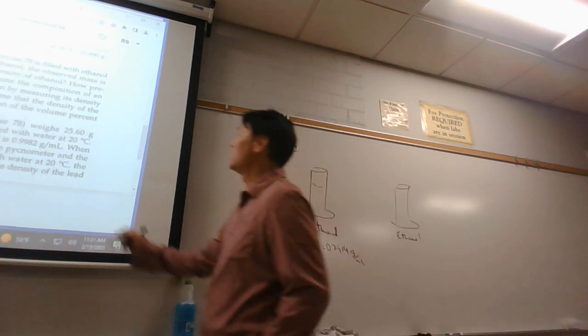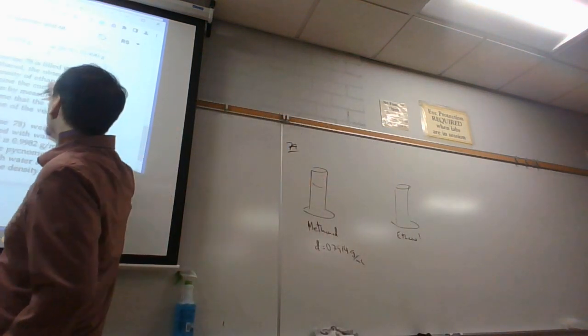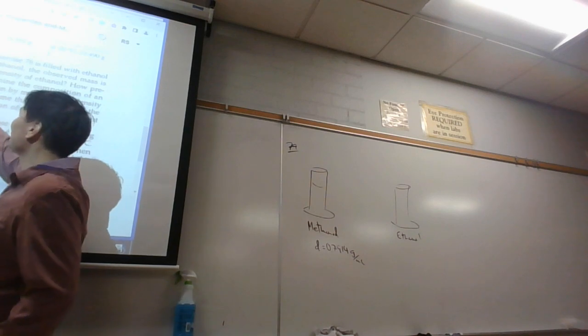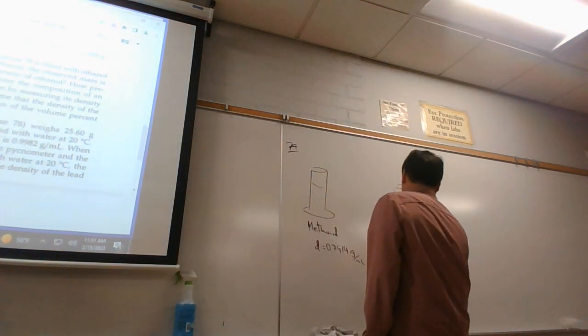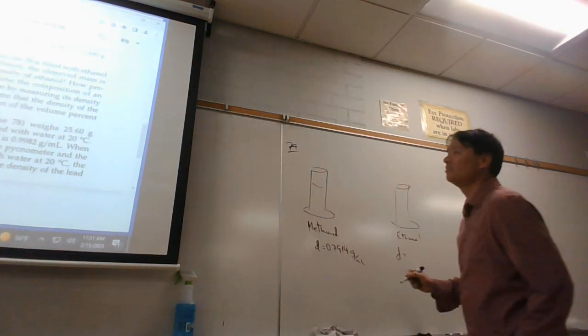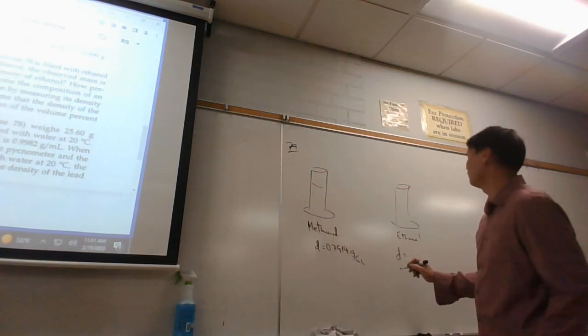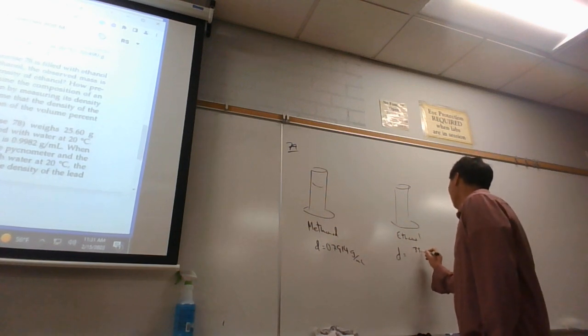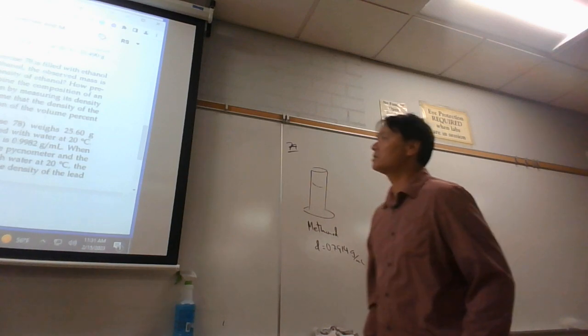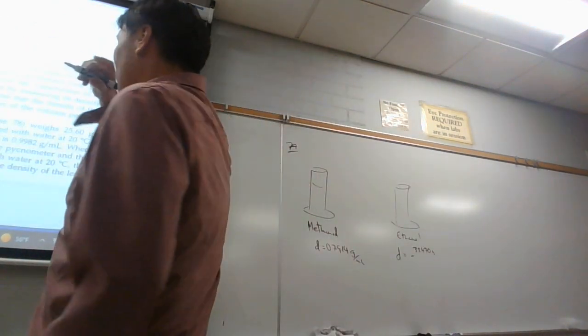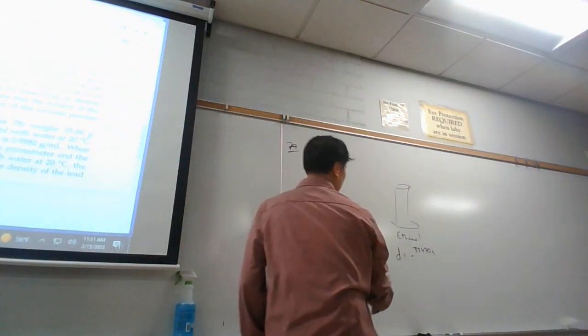And so we're going to go ahead and calculate that. So the mass with ethanol is 33.470, and we know the volume. And so the mass is going to be 33.470 grams minus the mass of the empty pycnometer, which is 25.601 grams.